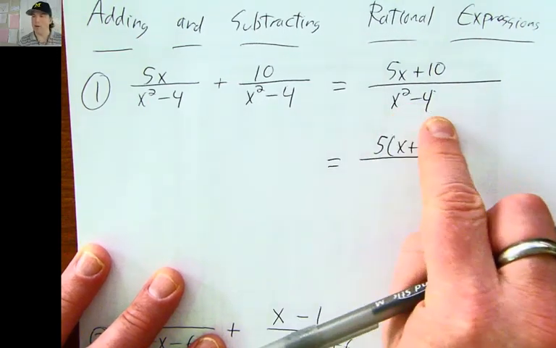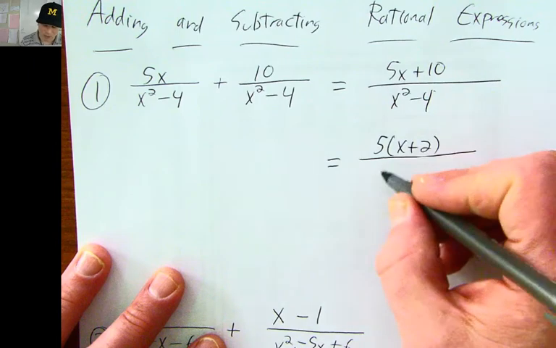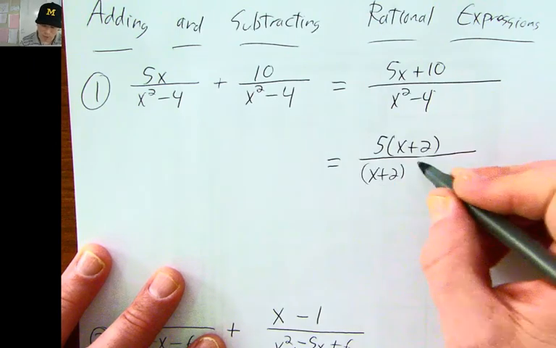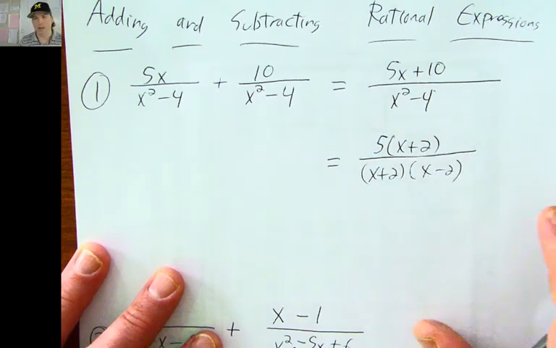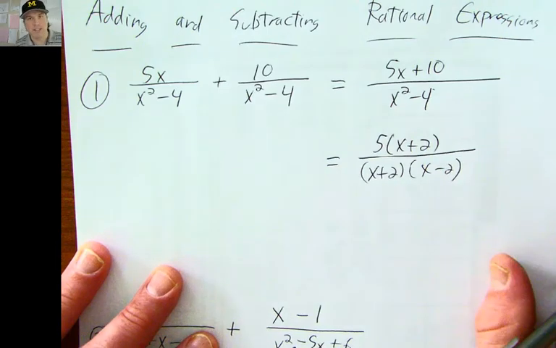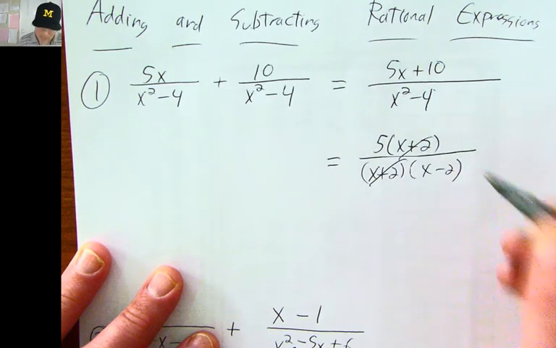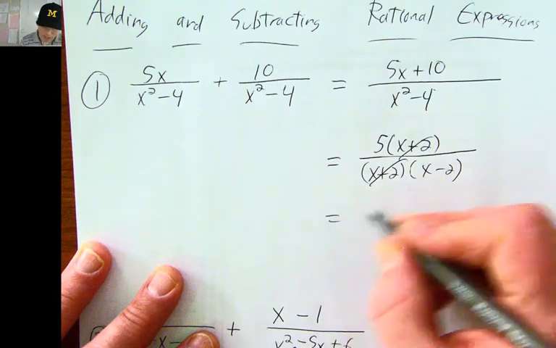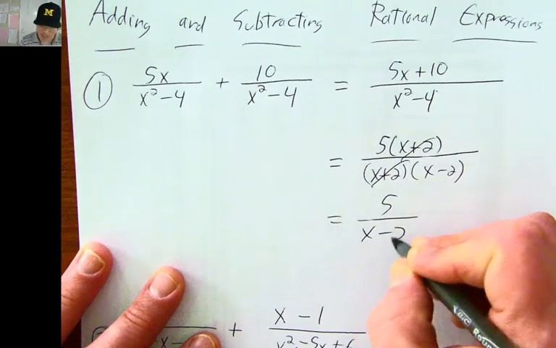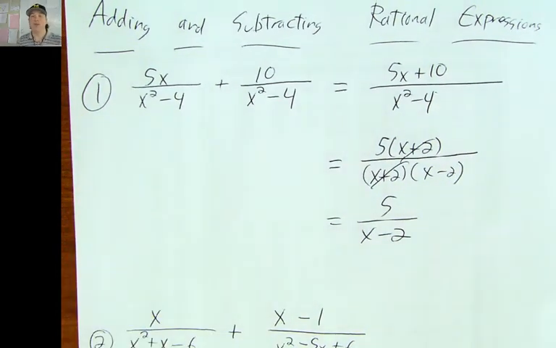The denominator is a difference of two squares, x plus 2, x minus 2, and then what do you know? Stuff cancels out. So we cancel out the x plus 2's, and you end up with 5 over x minus 2. That's when you have common denominators, which is, of course, not what usually happens.